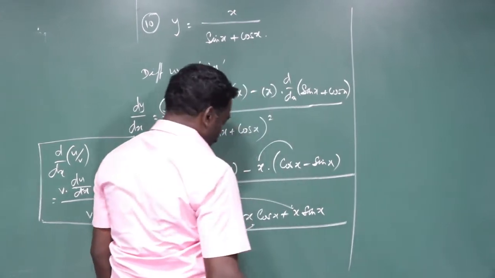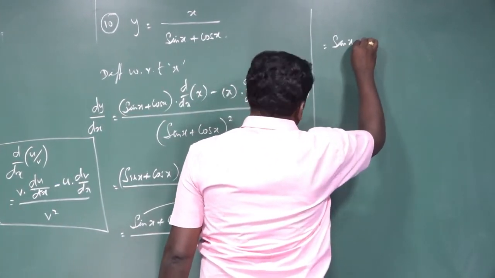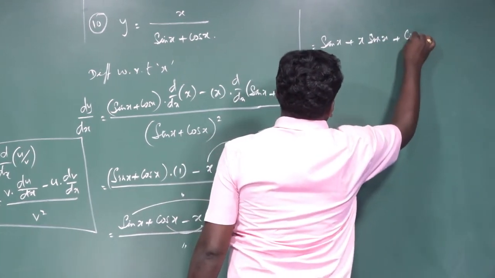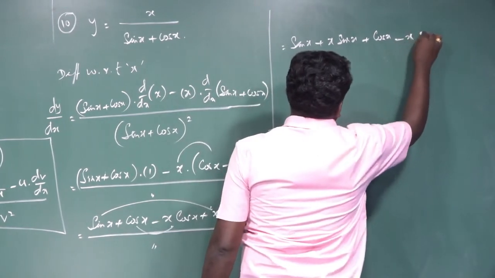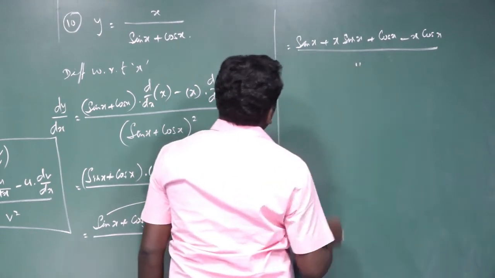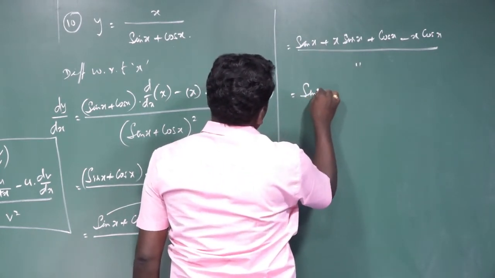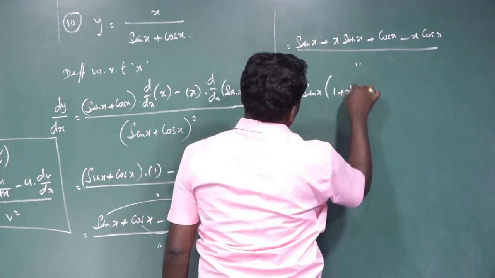sin x plus x into sin x, plus cos x minus x cos x, by the same denominator. Now in these two terms sin x is common, we can take sin x commonly, remaining 1 plus x.